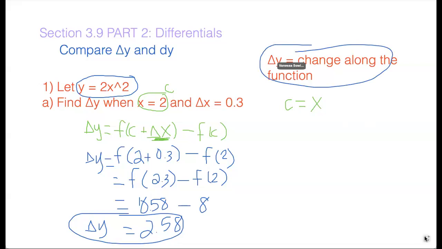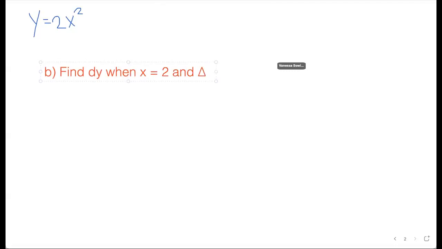So let's go on to part 2. Again, remember that our function is y equals 2x squared. In part B, type this in here. We are now finding dy when x equals 2 and dx equals 0.3.